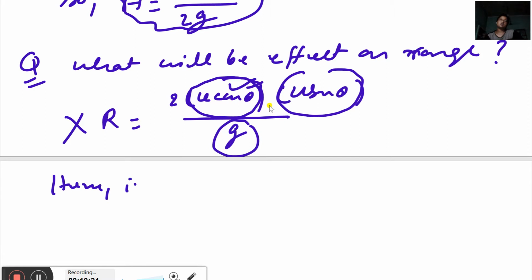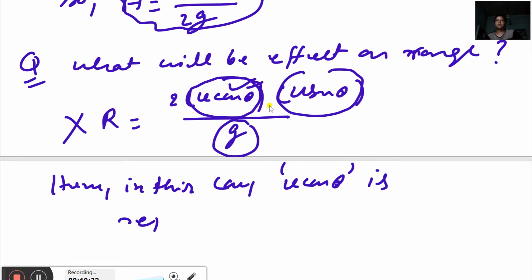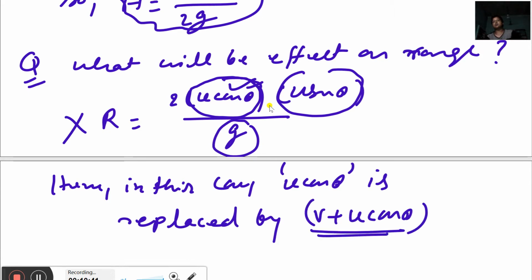Here in this case u cos theta is replaced by v plus u cos theta.